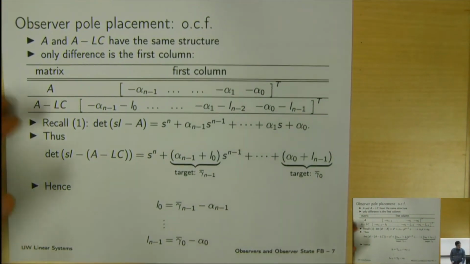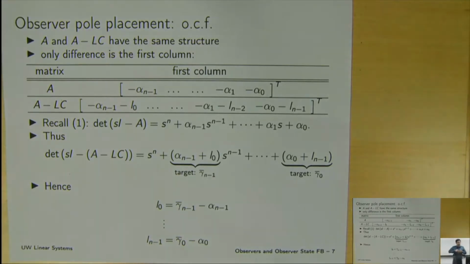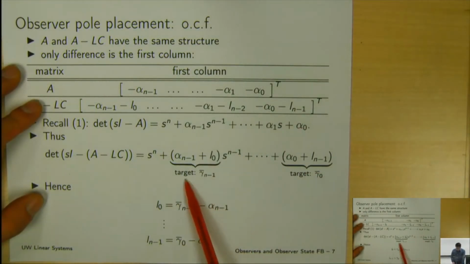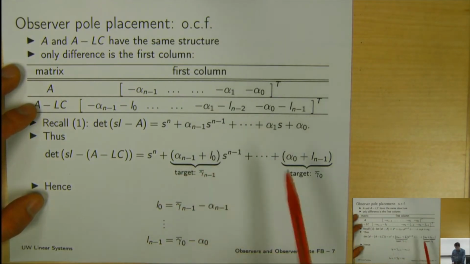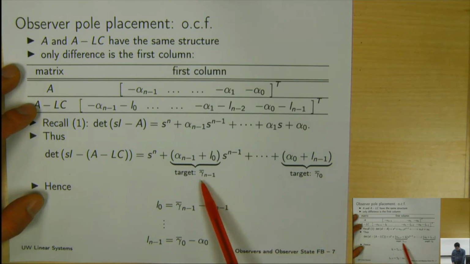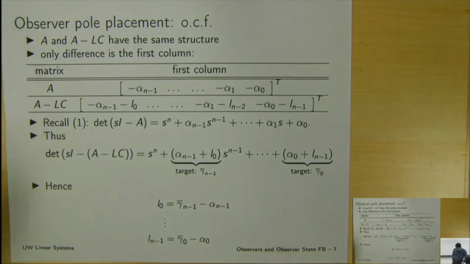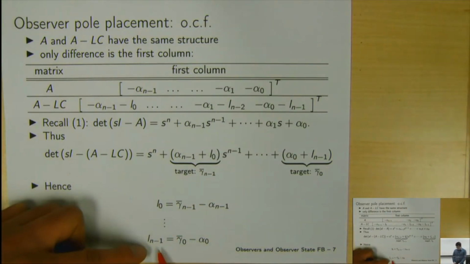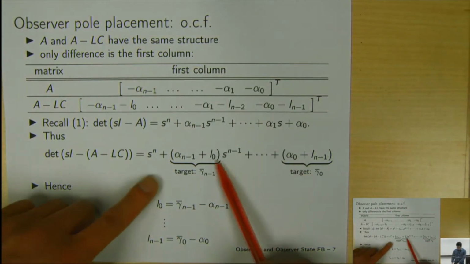So if we want to design the closed loop observer poles to somewhere, let's say the target characteristic polynomial has coefficients gamma 0 all the way to gamma n minus 1, then you should design your observer gains L0 to Ln minus 1 as follows.